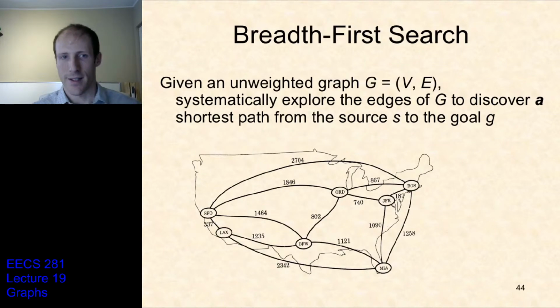All right, let's move on to breadth first search. Here, for breadth first search, we are actually going to find the shortest path from the source node to all nodes in the graph.